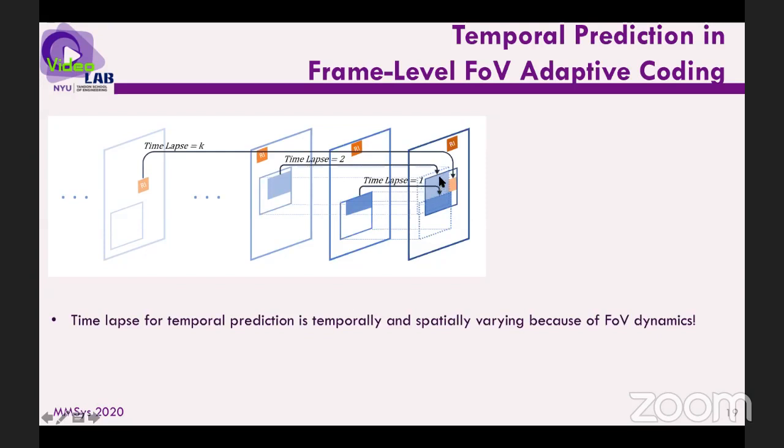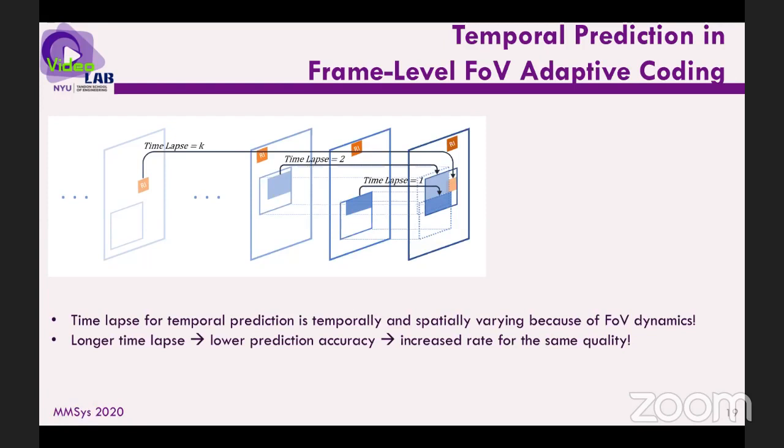On the other hand, this part of the region, their corresponding region in the previous frame does not fall in the predicted FOV, so they're not coded. In the actual coder and decoder, this will be copied from the frame before. So the effective temporal time lapse between the reference and the region to be coded is 2. Generally, the time lapse for temporal prediction is temporally and spatially varying because of the FOV dynamics.